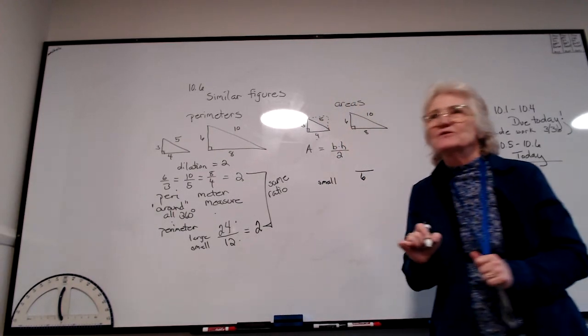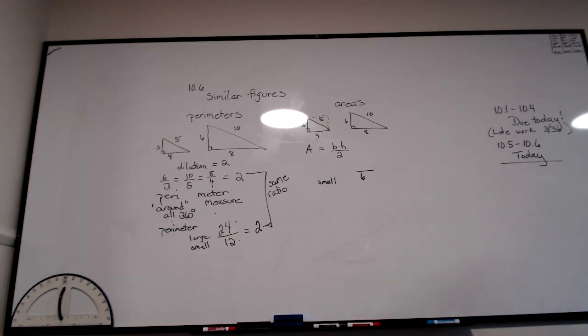Okay, we're going to do the ratio that way. Lene, what is the area of the second triangle? 6 times 8, is it 12? 24.